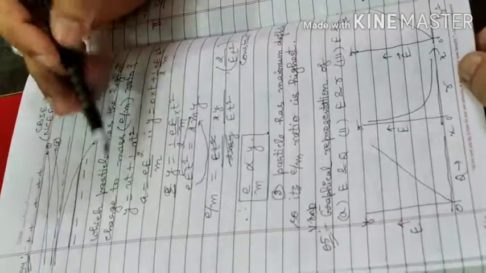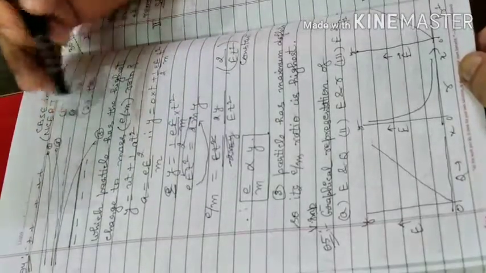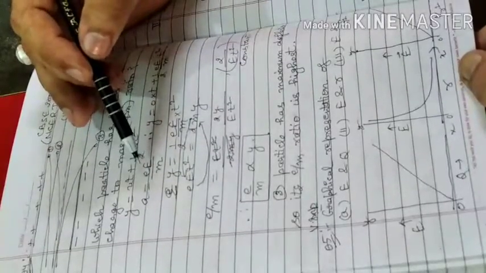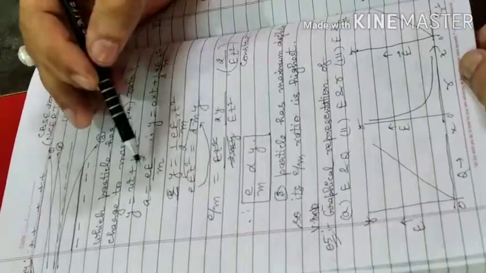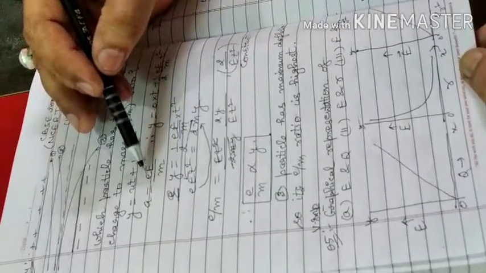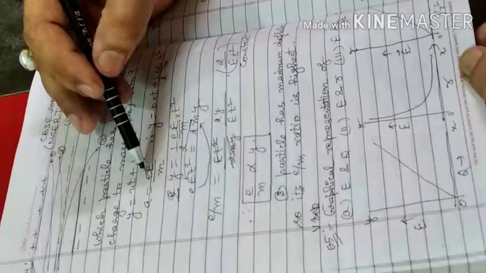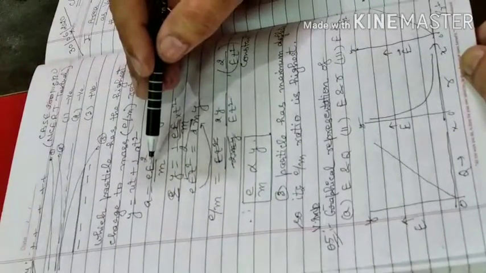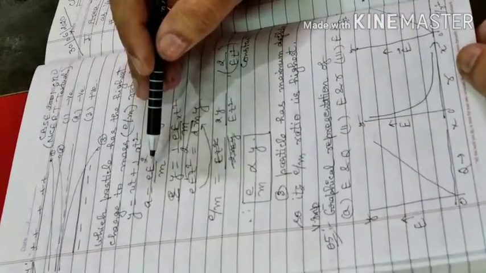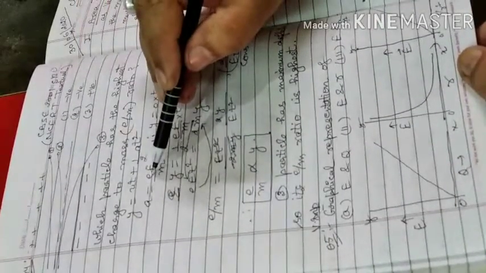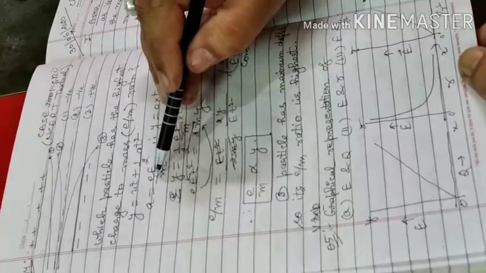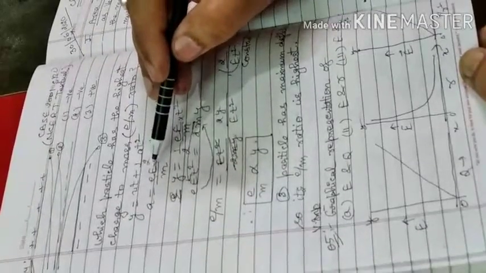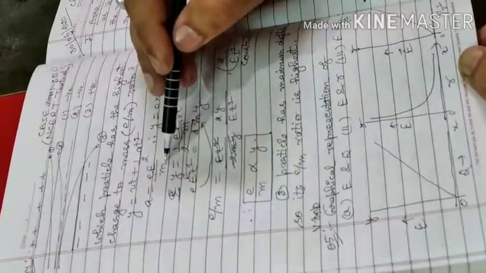Very simple formula we are using: y is equal to ut plus half at square, and a, the acceleration, is equal to force upon m, and here the force is equal to small e and capital E. Small e is the charge on the electron and E is the electric field. F is equal to Q into E. Here it is a charged particle, so we take e as the charge on the electron or proton, any charge, and electric field E upon m.